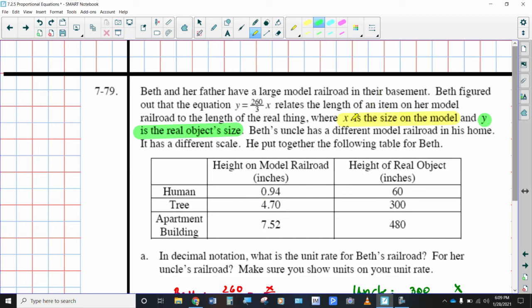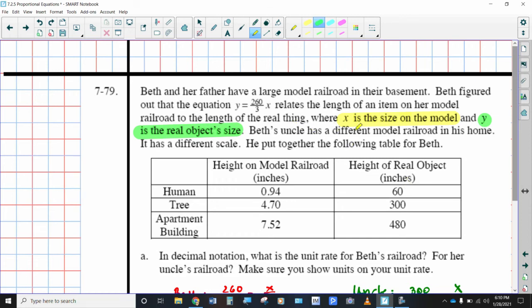So that's important for us to understand. That means that x in this case, the size of the model, will be our independent variable. And so when we create a graph for this situation, we'll want to have the model sizes on the x-axis and the real objects, the actual size, on the y-axis. And so we'll probably be given values for x and try to find the corresponding real measurements for y.